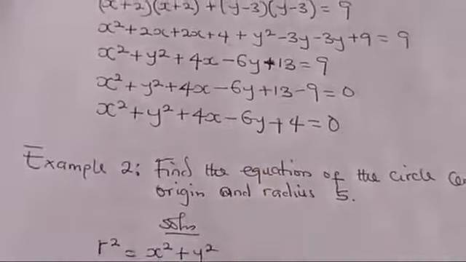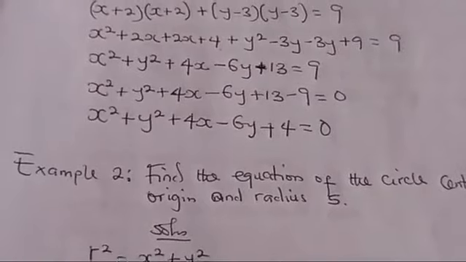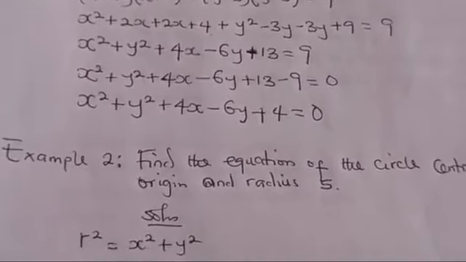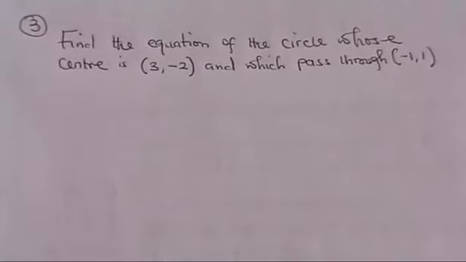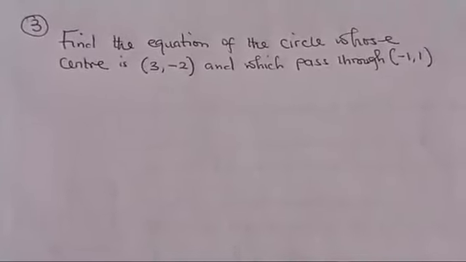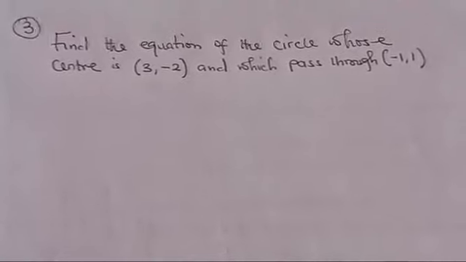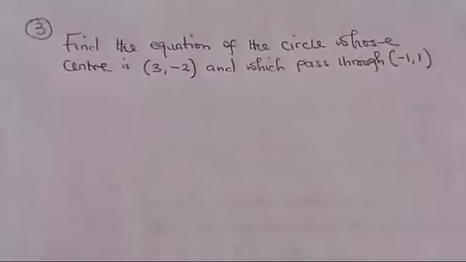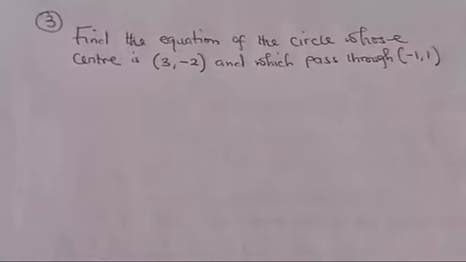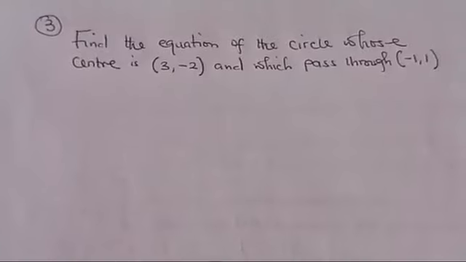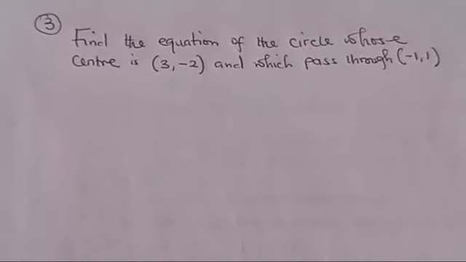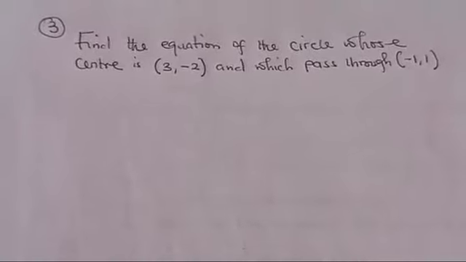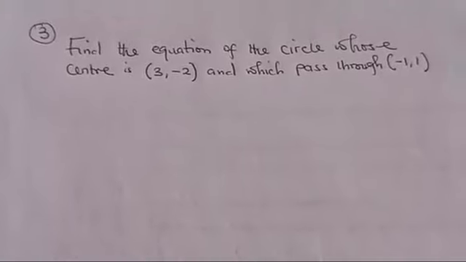Let's solve another example and see another way in which this question concerning circles can be asked. For example 3, find the equation of the circle whose center is 3, -2 and which passes through -1, 1.